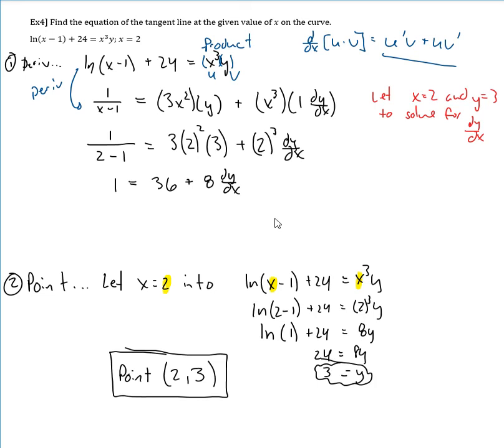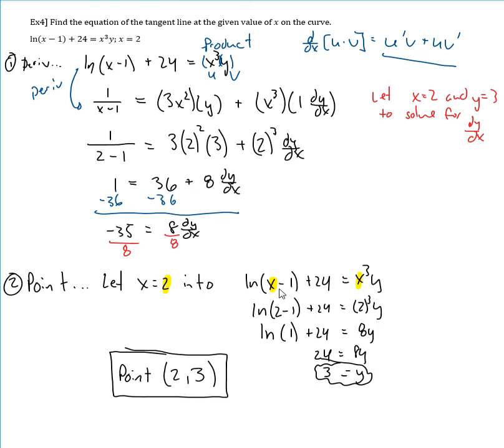My goal is to get dy dx all by itself, so the next step is to subtract 36. That way I'll have negative 35 equals 8 dy dx. And one more step: divide by 8.